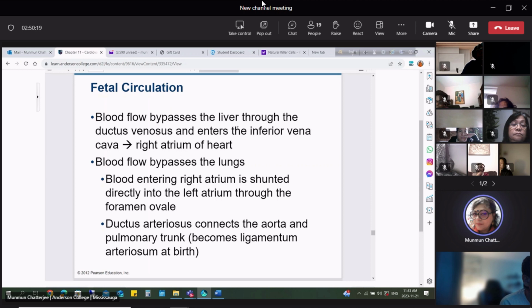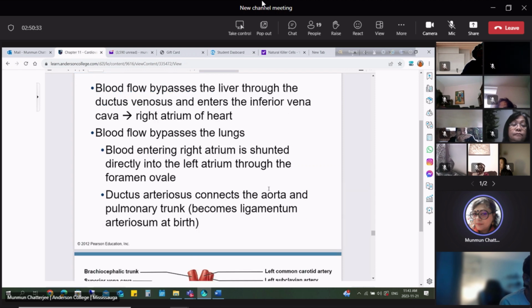So they have to bypass the liver. Blood flow bypasses the liver through the ductus venosus and enters the inferior vena cava directly to the right atrium of the heart. Blood entering the right atrium shunts directly into the left atrium through the foramen ovale. This is the foramen ovale.